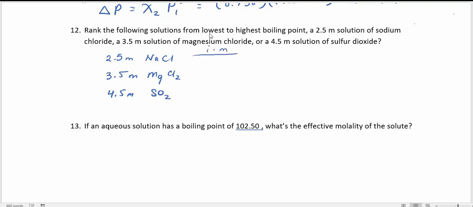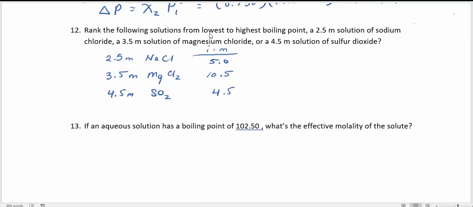Sodium chloride breaks into two pieces, so 2 times 2.5, we have an effective molality of 5.0. Magnesium chloride breaks into 3 pieces, 3 times 3.5, we have an effective molality of 10.5. And then the sulfur dioxide is a non-electrolyte. It only has one particle when it is dissolved, and 1 times 4.5 is 4.5.